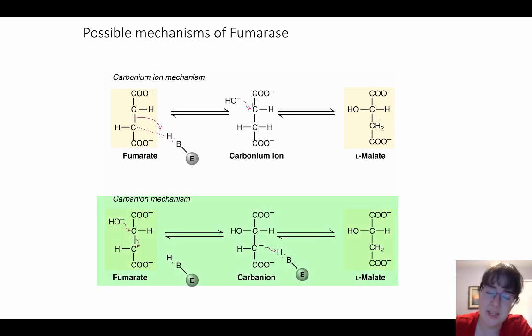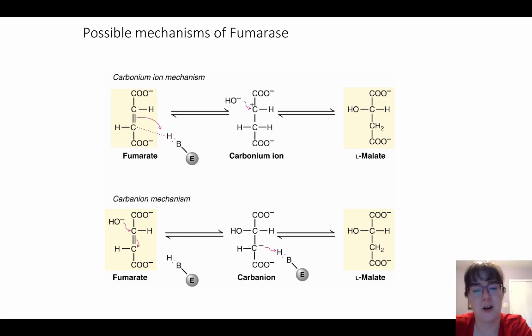In the carbanion mechanism, you have the hydroxyl group attacking first, then leaving a negative charge on the carbon more easily able to abstract a proton from the enzyme. So notice that again, both of them have the hydroxyl group, both of them have that proton from the enzyme. So both of them have the notion of where these atoms are coming from, but the real question is which one comes first, and we just don't know.